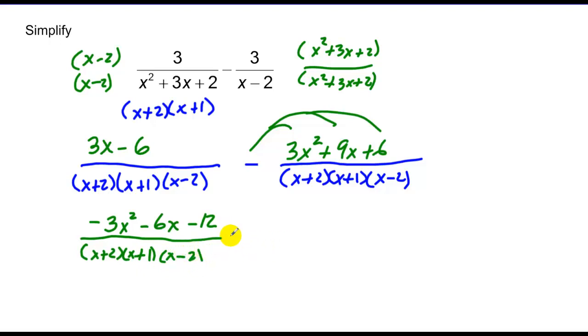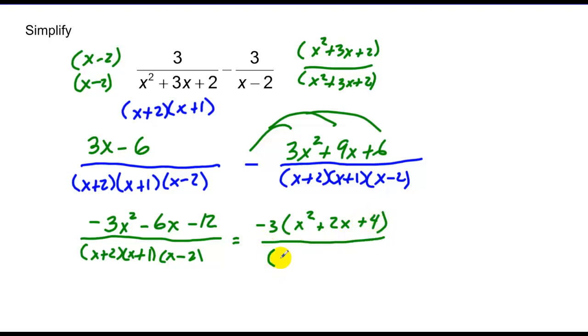You'll notice there's a common term. I'm going to pull out a negative 3, leaving me with x squared plus 2x, and that's plus 4.